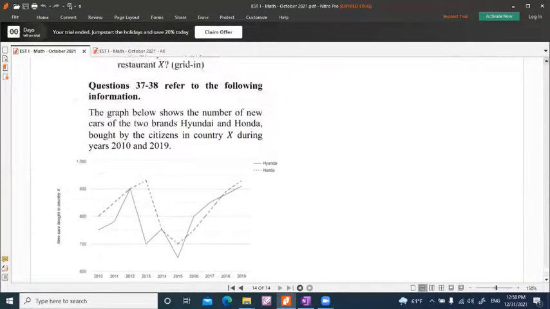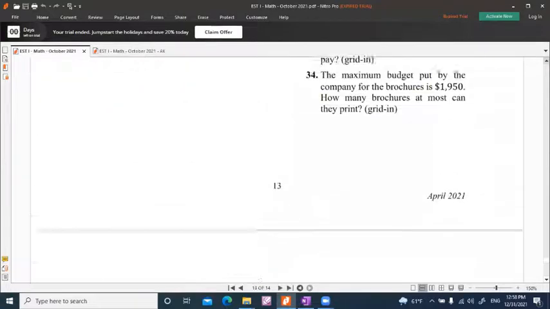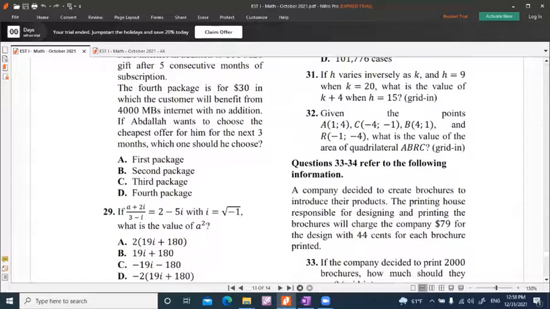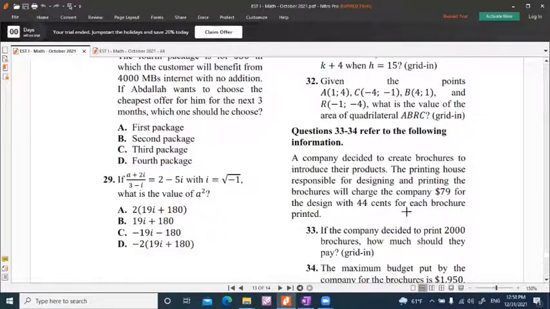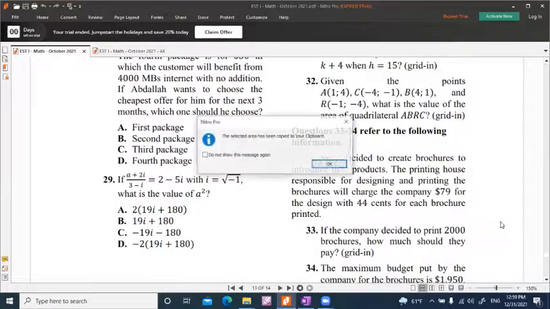This is 33. Yes, I have missed this part. Let me take it here.